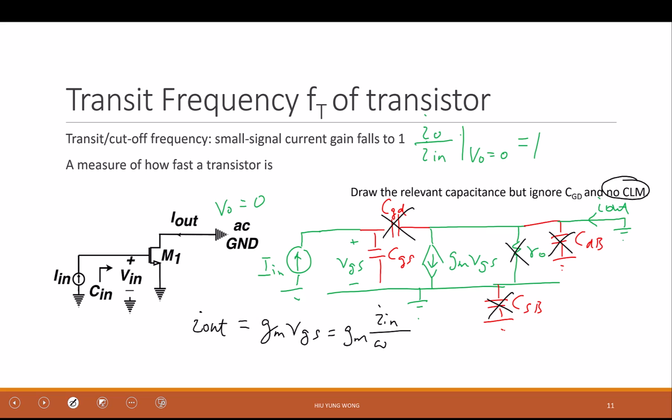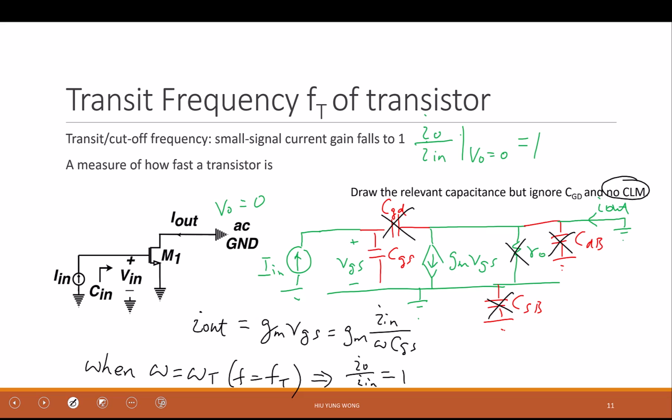So when omega equals omega T, which means f equals fT, at the transit frequency, we know that I out divided by I in equals 1 by definition, right?